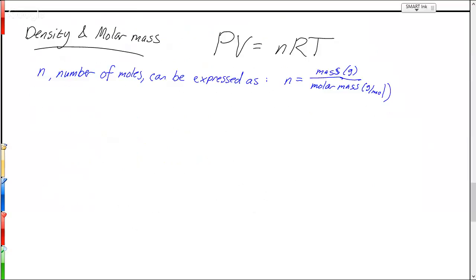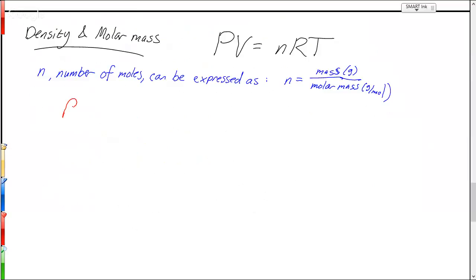So let's plug this back in the equation. What symbols does the book use? I just want to be consistent here. We'll just say g for grams and big M for molar mass.